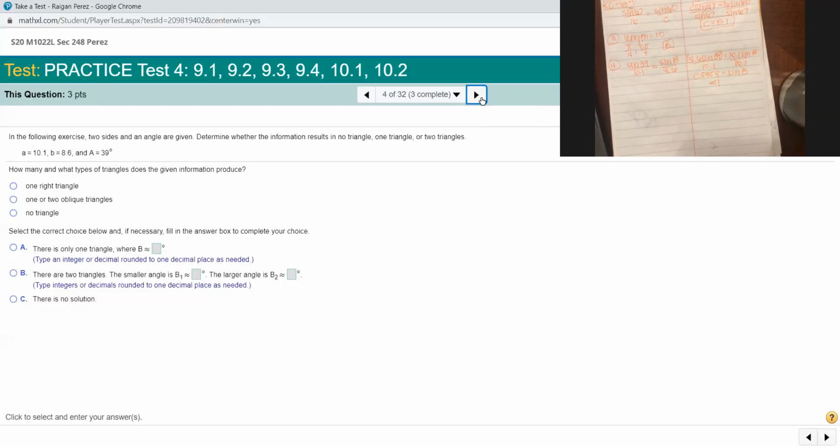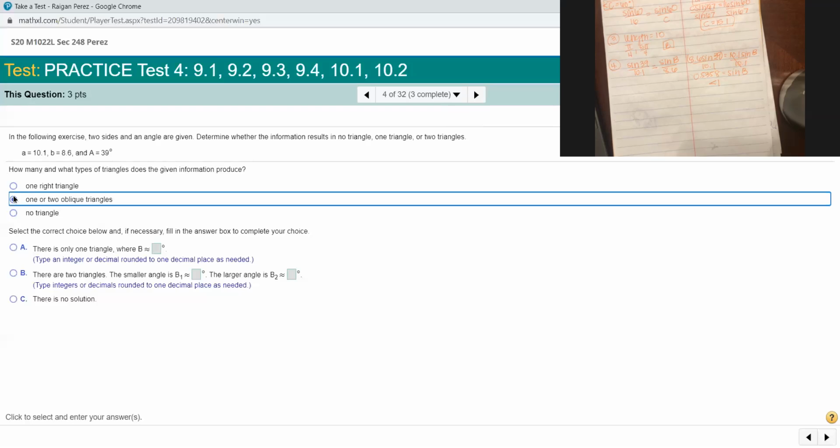Right? So since sine of B is less than 1, it's one or two triangles.